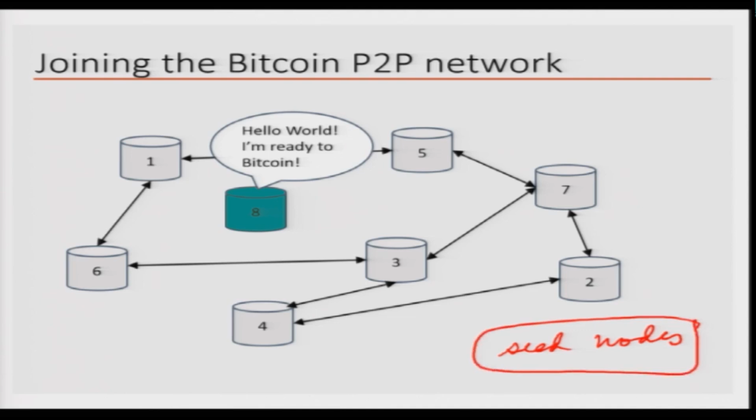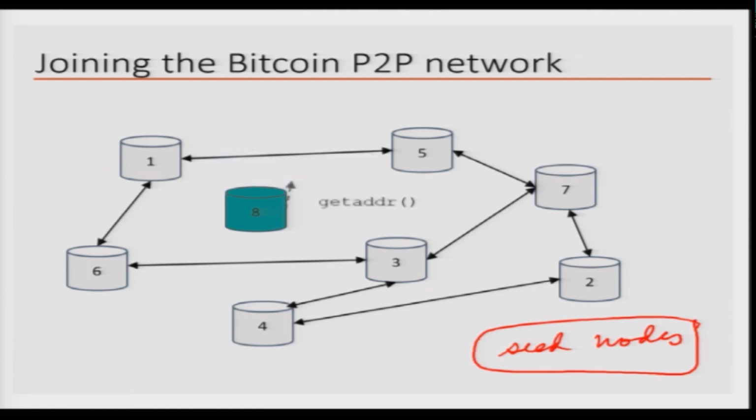When you download it, it usually has the seed nodes listed in it. So, you can send a message to the seed nodes first to start contacting the P2P network participants. Let us say 5 is a seed node. You send a message to 5 saying, tell me who else you know. Now, 5 will tell you that I know 1 and 7, I am connected to 1 and 7. So, 8 will also know 1 and 7.